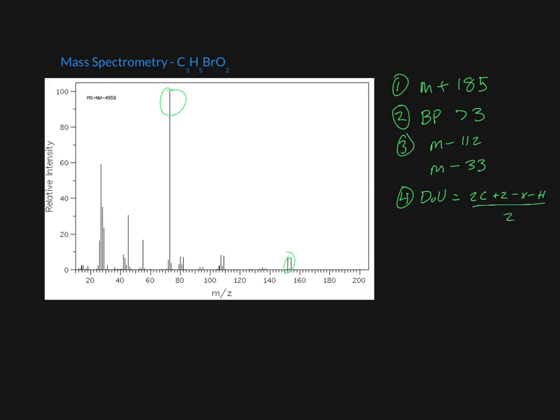So our equation would be 2 times 3 plus 2 minus 1 from our Br minus 5, the number of hydrogens, all over 2. This makes our DOU equal to 1. This means that we could have either one double bond, one ring, or one ring with a double bond.